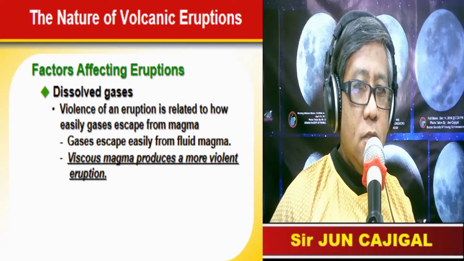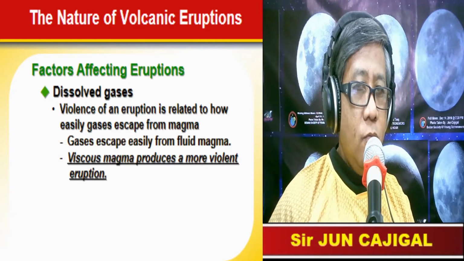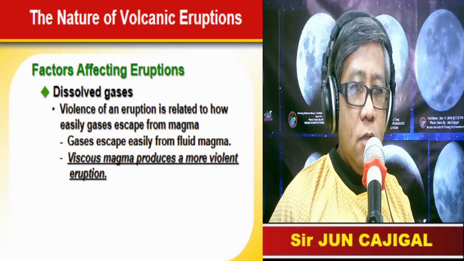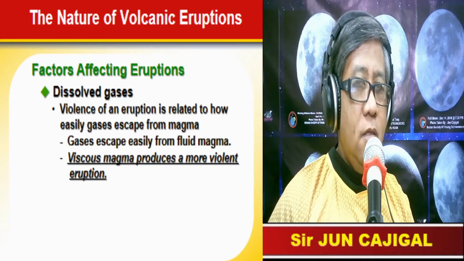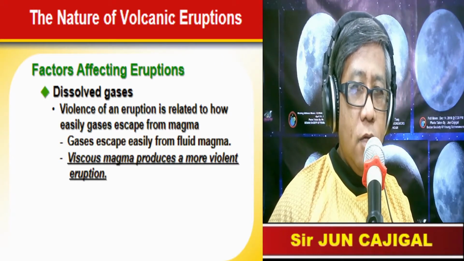Now, what does that mean? Now, ibig lang sabihin nito, pag yung magma ay fluid or less viscous, yung mga dissolved gases na nasa magma na yan will escape easily. So, pag madaling lumabas yung mga dissolved gases na yan, hindi masyadong violent yung eruption ng volcano.